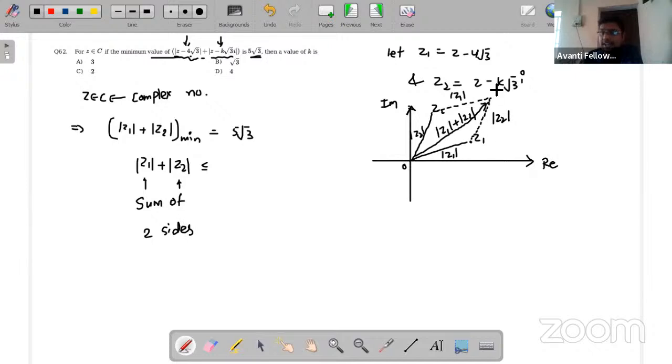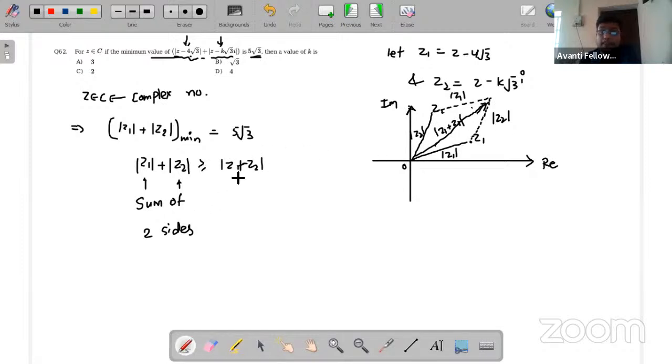So one side and second side, this would be greater than or equal to the third side. So modulus of Z1 plus Z2, this I should write, modulus of Z1 plus Z2.